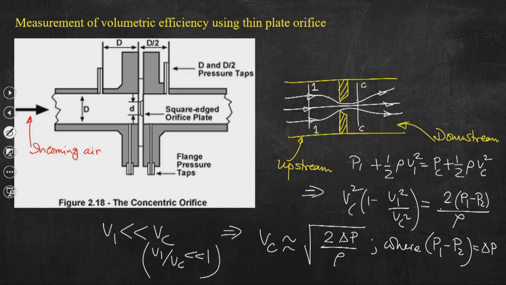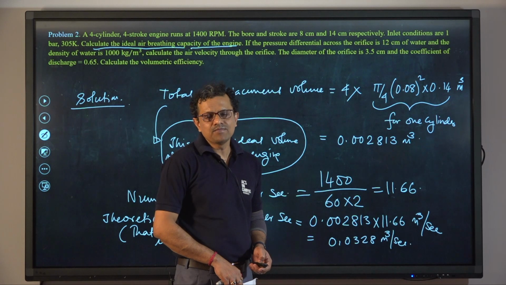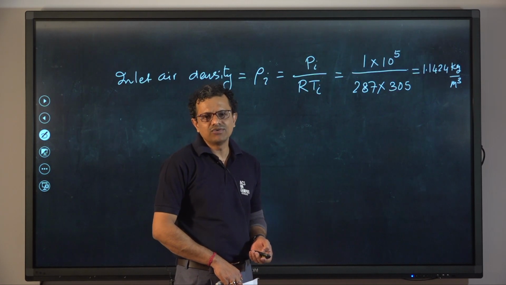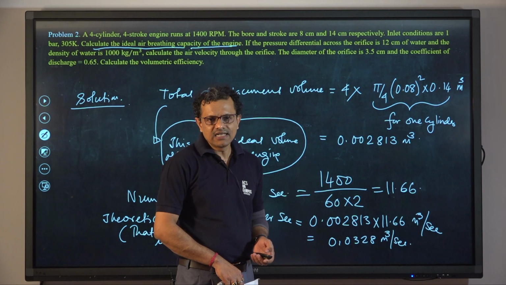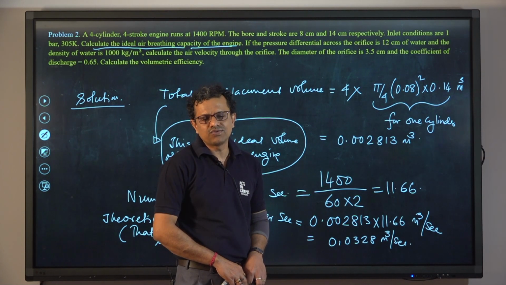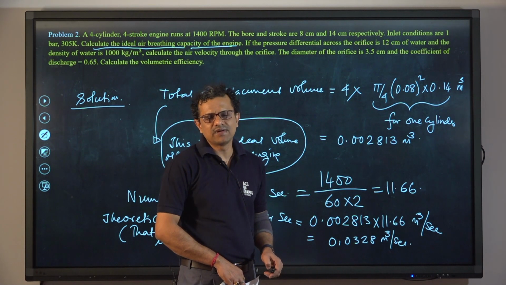Let us revisit the problem statement. Here it is given that the pressure differential across the orifice is 12 centimeter of water column and the density of water is 1000 kg per meter cube.